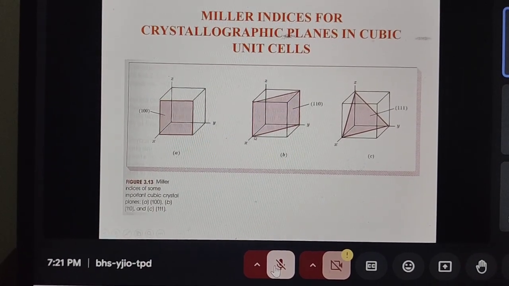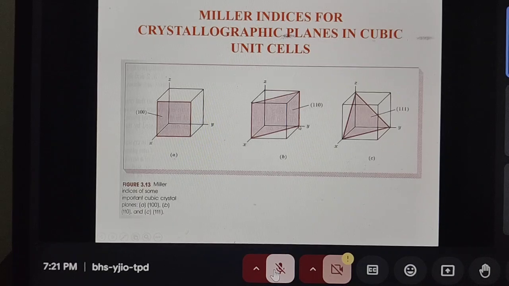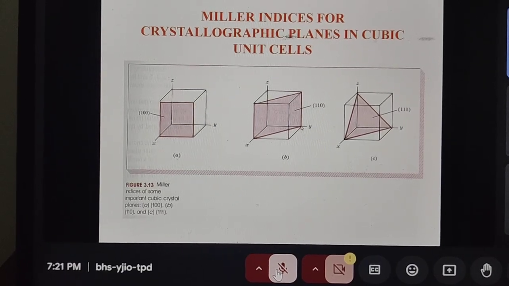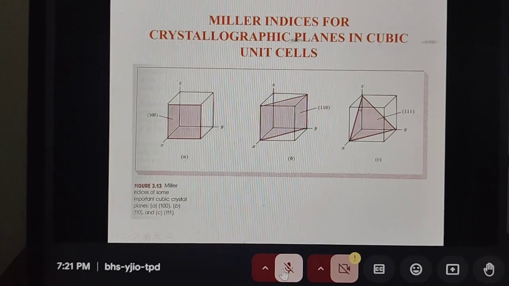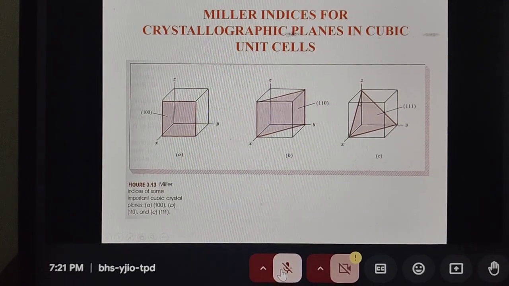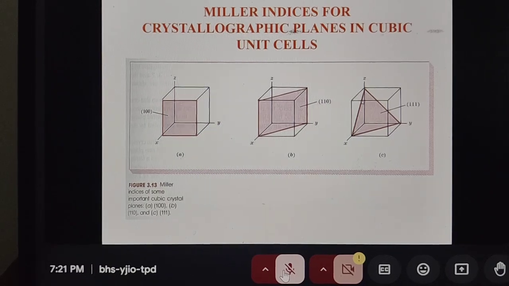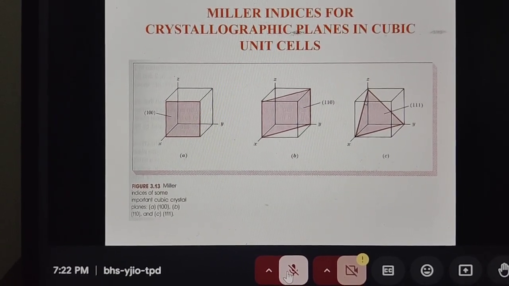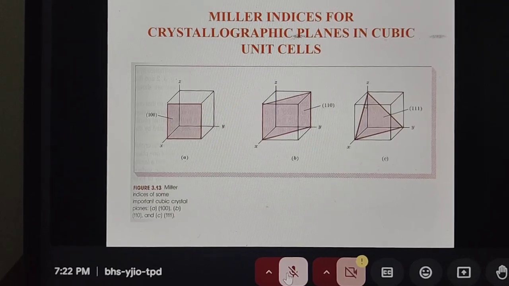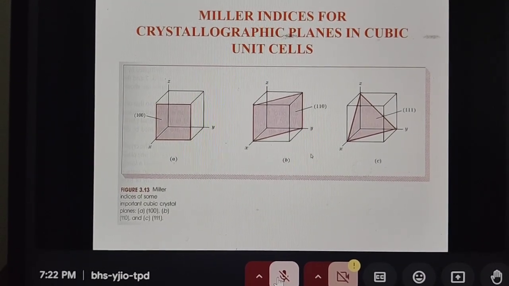So this has one intercept 1, and this has another intercept 1. That means it's cutting the x-axis at 1 and the y-axis at 1, but the shaded plane is not cutting the z-axis at all. That means it is parallel to the z-axis. So this is a 110 plane.